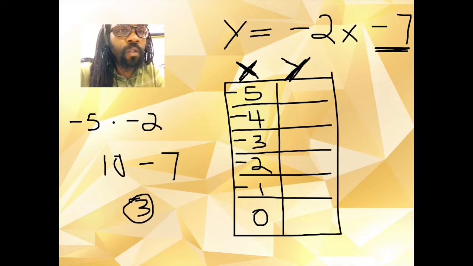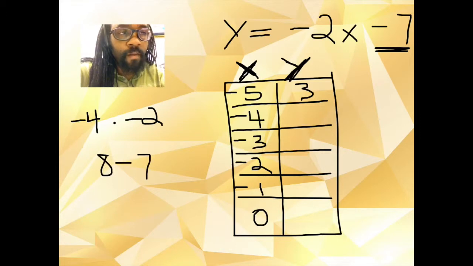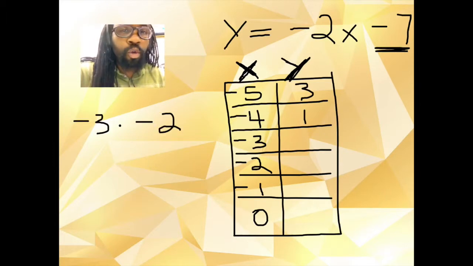Alright, so the first one's going to be 3. The next one's going to be minus 4 times minus 2. That gives you a positive 8, since both negatives make a positive. And so we're going to say 8 minus 7, and that gives you the number 1. We'll plug that in right here. I will do one more for you here.